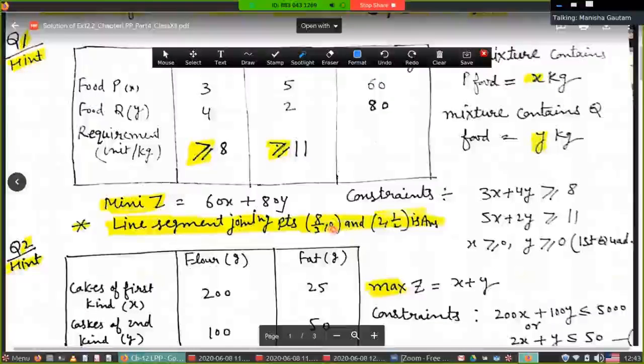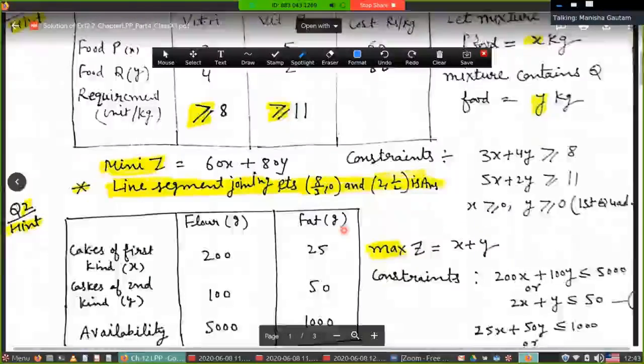The 2 points make a line segment, and that line segment is the answer, because at (8/3, 0) and (2, 1/2) you will get the minimum value at both. The same value is obtained at both points, and these 2 points are the corner points of the question. By joining these points, you get a line segment, and that line segment is the answer of the question. Remember it and note it down.